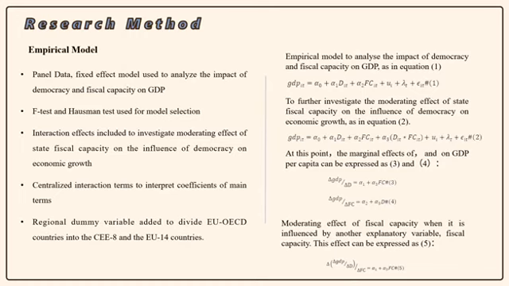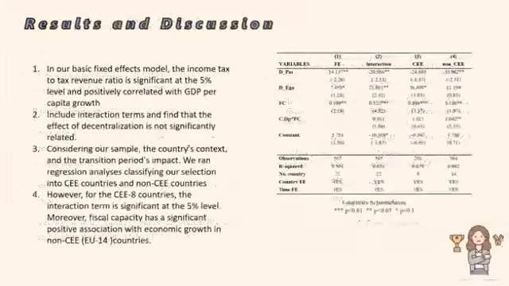Then, the moderating effect of fiscal capacity is investigated with equation 5 to make the interaction terms regression as much as possible so that the coefficients of main terms can be better explained. We centralized the interaction terms and added a regional dummy variable afterwards. Next, I will focus on results and discussion.